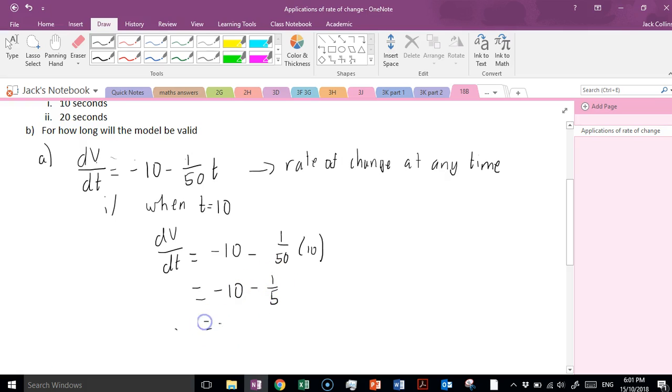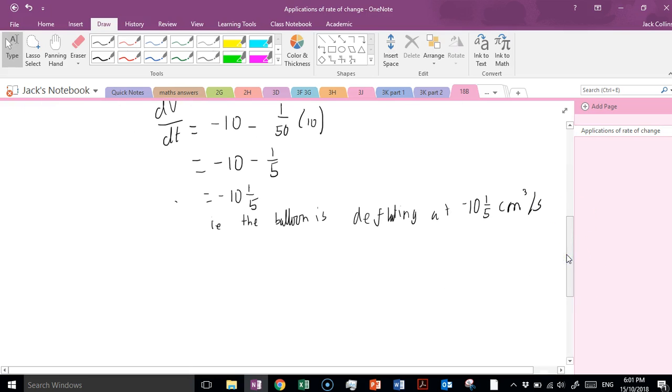So it's equal to negative 10 and 1/5. I.e. the balloon is deflating at negative 10 and 1/5 centimeters cubed per second.